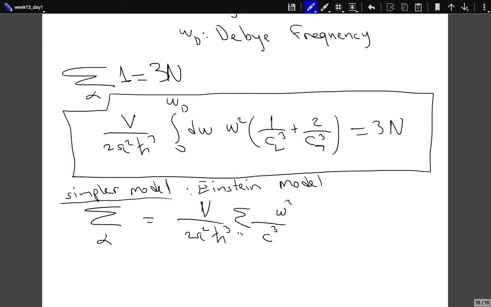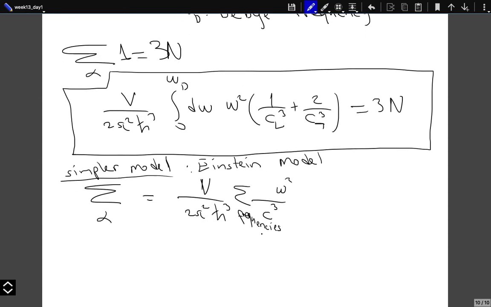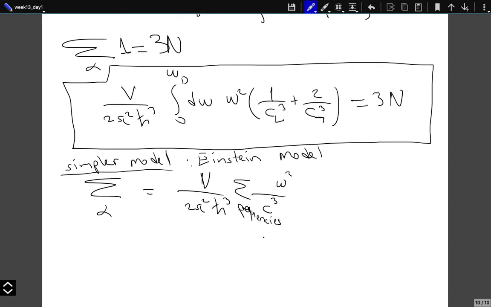Before I had this integral over the frequencies, but it's nothing but a sum over frequencies.